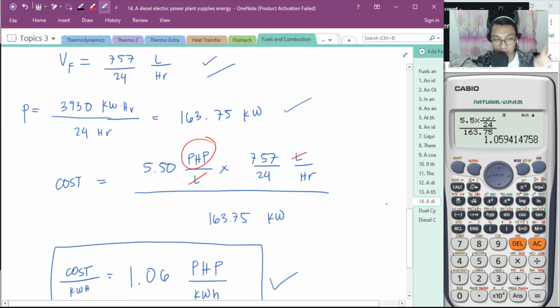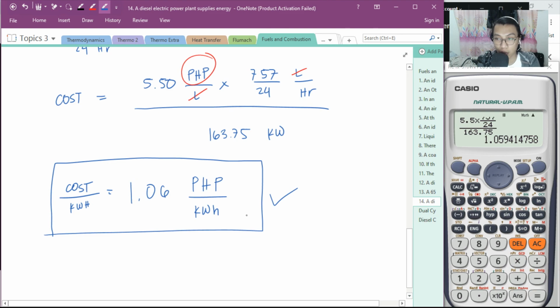And after nun, kinukuha yung cost per kilowatt hour, i-multiply mo nung consumption niya, which is magkano yung patak ng per crudo, that is 5.50 per liter. I-multiply mo nung consumption niya, volume, and then divide mo nung total power that is produced within that duration. Makuha mo ngayon yung cost per kilowatt hour. Okay? That is the technique.